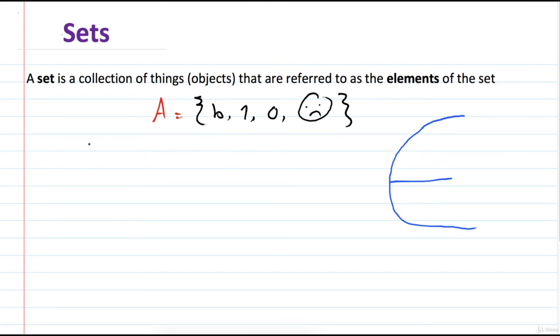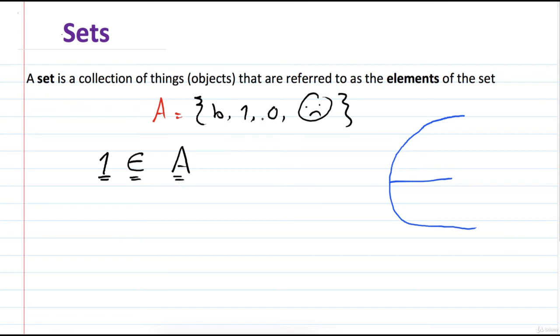Well, if I want to say that 1 is in the set A, that's a lot of words. But mathematically, the way you do it is you just write 1, and then you write that symbol, an element of A. 1 is an element of A.